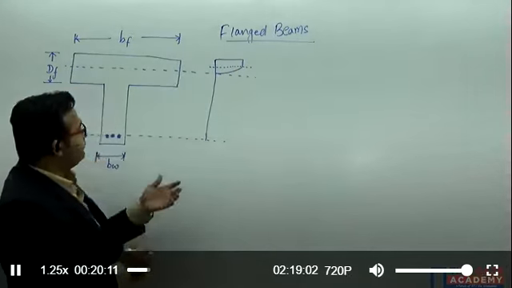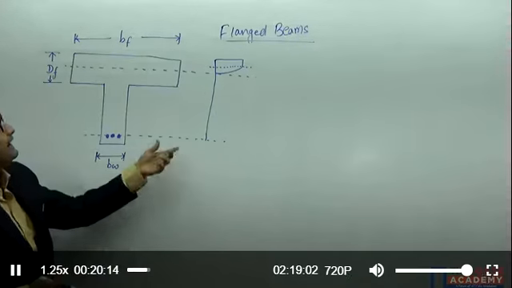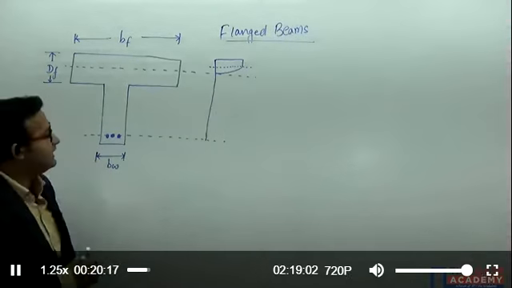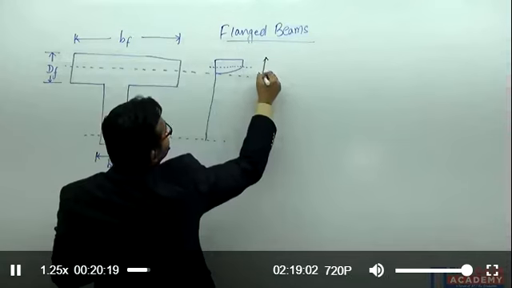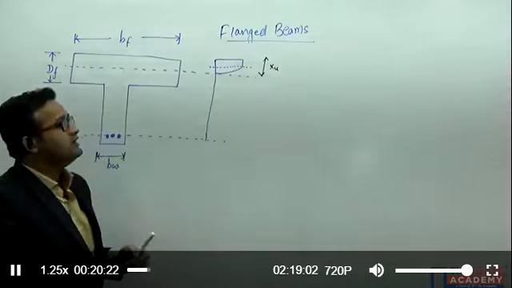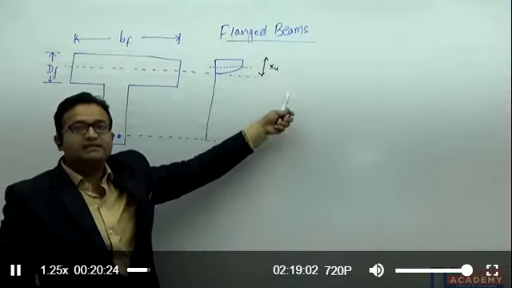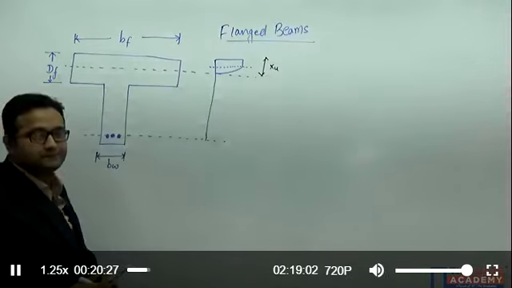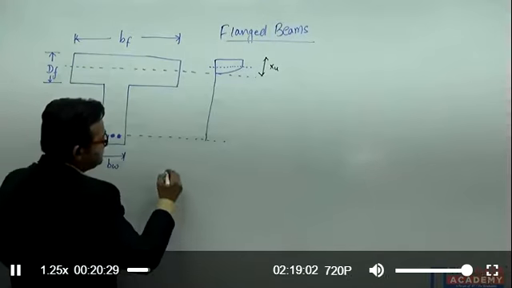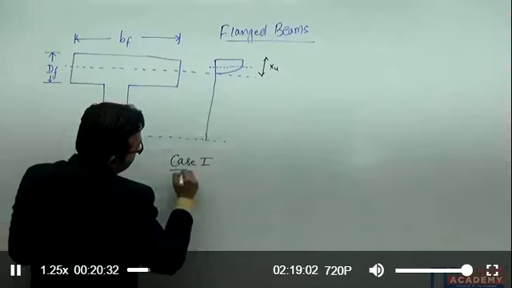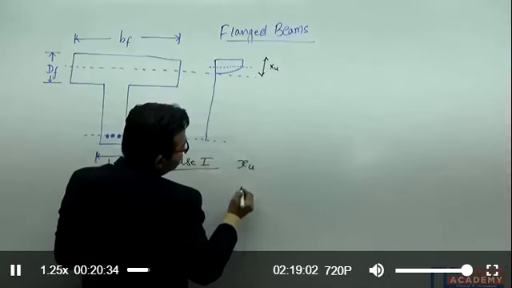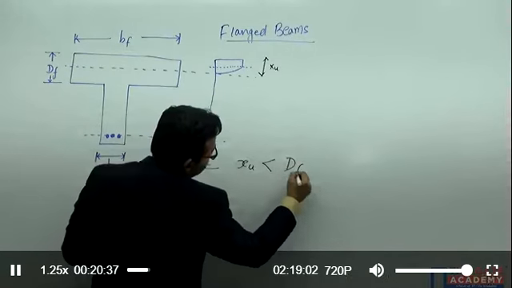So what is the meaning I want to make here? My depth of neutral axis, you can see here, this is the actual depth of the neutral axis, xu suppose. This depth of the neutral axis is less than the depth of flange. Right? So this is only my first case. Case number first: the depth of the neutral axis is less than the depth of the flange.